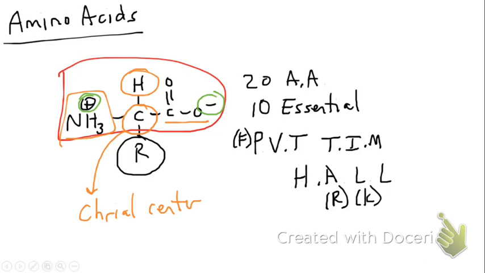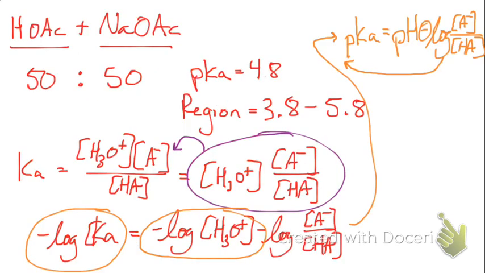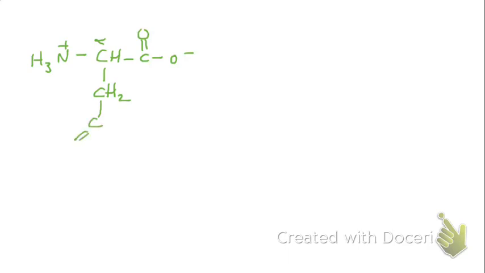So, what can we do with these amino acids? These amino acids can be linked to make proteins. And so let's look at an amino acid. I'm going to draw an amino acid, aspartate. So there's aspartate.